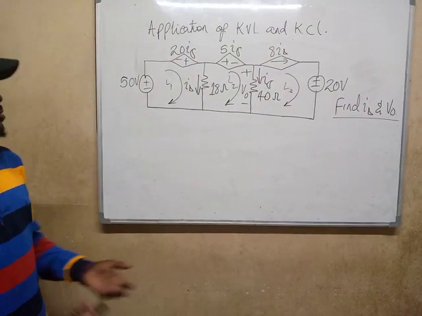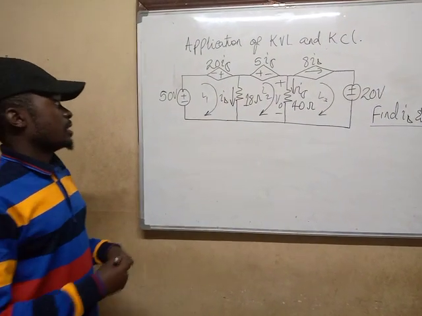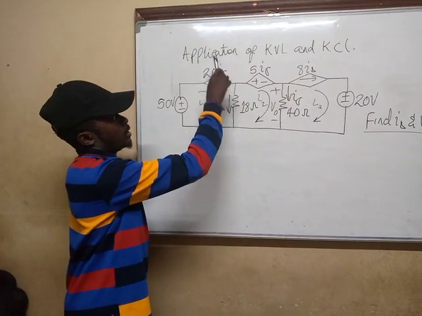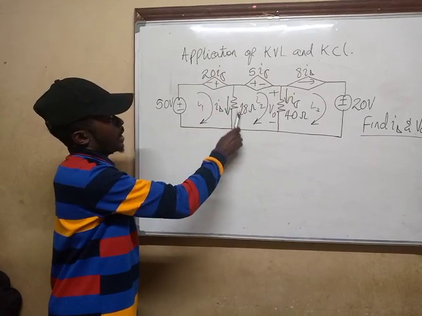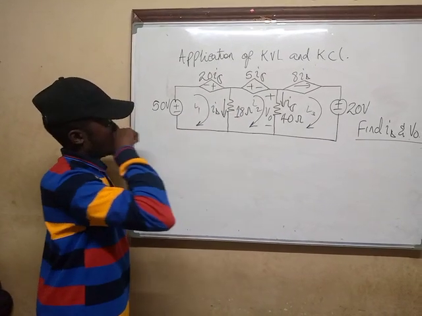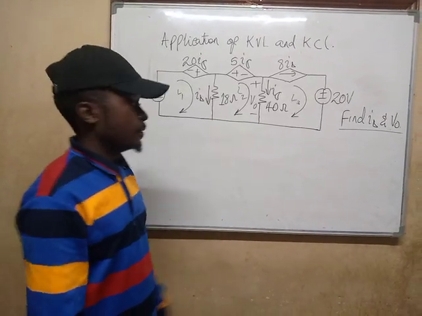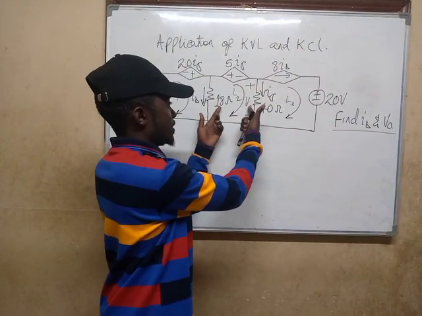So if I add 50, 20 sigma, the voltage across the 18 ohms resistor, I must get 0. Same as this loop.